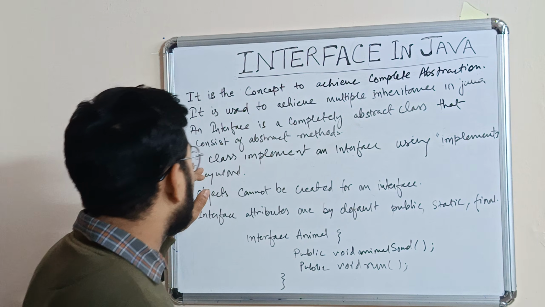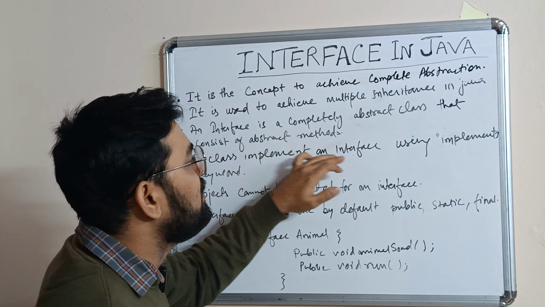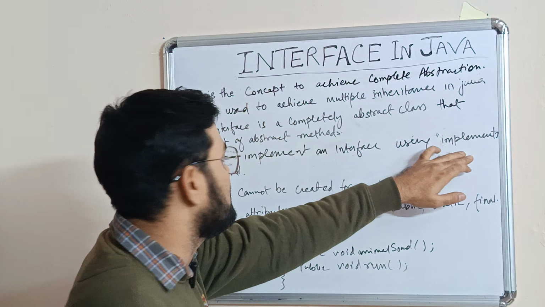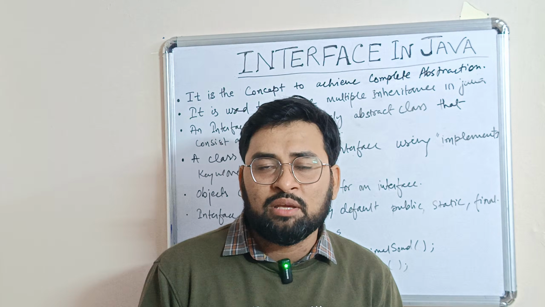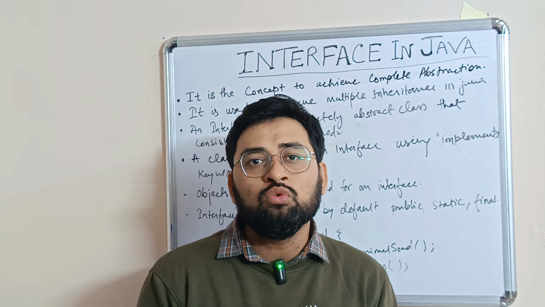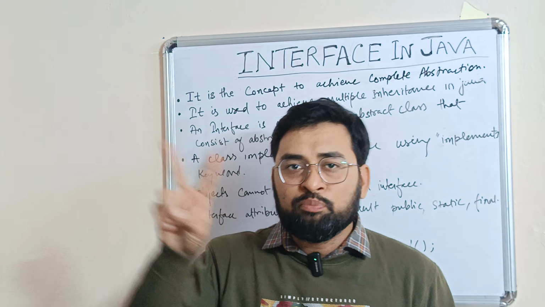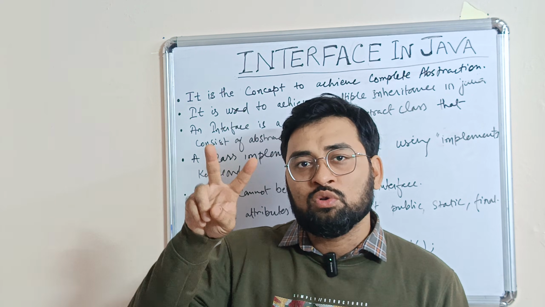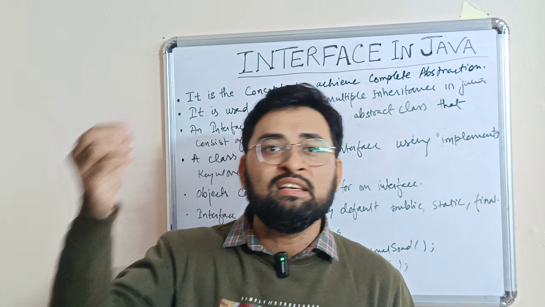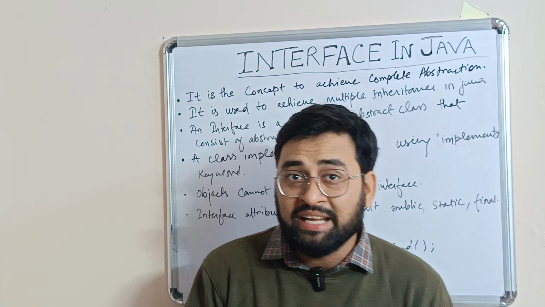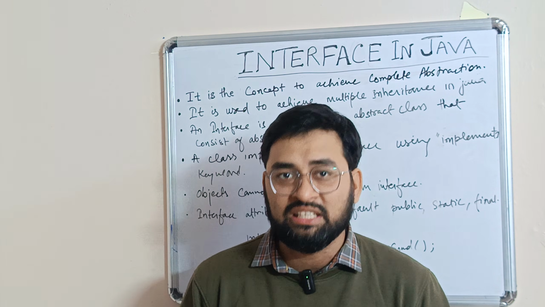Okay, now you can see a class implements an interface using the implement keyword. This is the important key point. Whenever you want to inherit, I have given the examples. We have two parent class. We want to inherit those properties of two parent class in some other class we have created. It is not possible. That is called multiple inheritance.